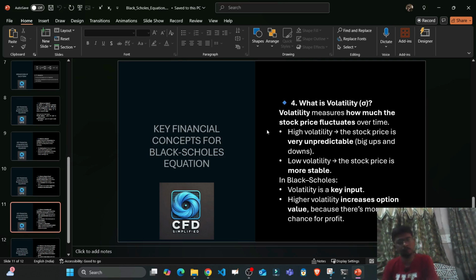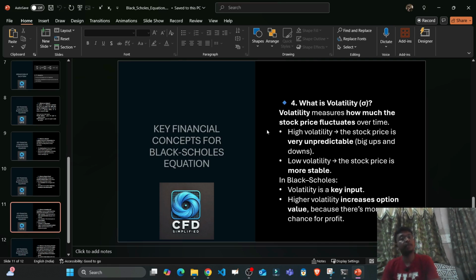That means it is highly volatile. Low volatility means the price is stable. For example, if it started at $10 or $20 and remains at 20, 21, then we can say the stock price is low volatile. In Black-Scholes, volatility is a key input.